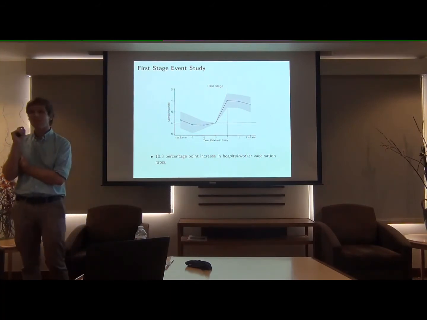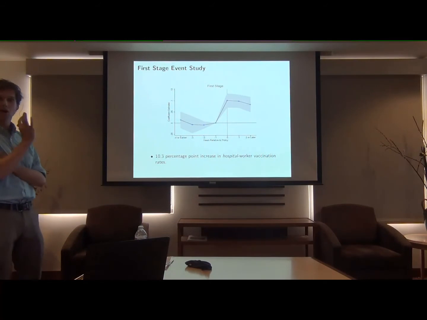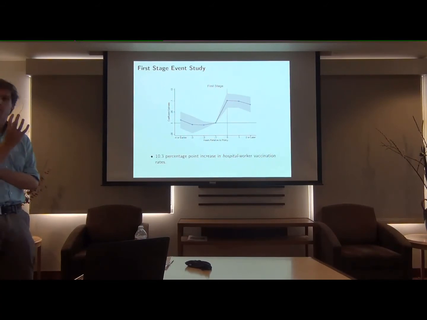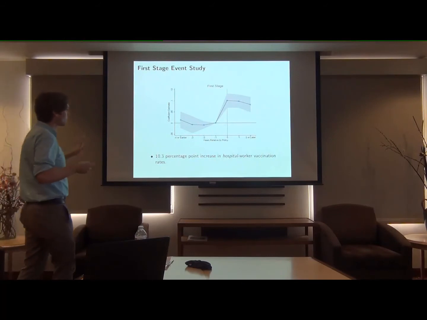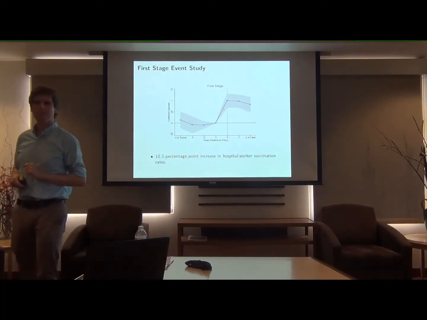Remember that these policies don't necessarily just affect hospital workers, but hospital workers is all I observe. These policies might have had a bigger effect for non-hospital workers because the baseline level of vaccination for hospital workers is higher, but enforcement might have been lower in these other facilities, so I don't want to generalize. So we're going to be thinking about this 10 percentage point increase in vaccination rates.